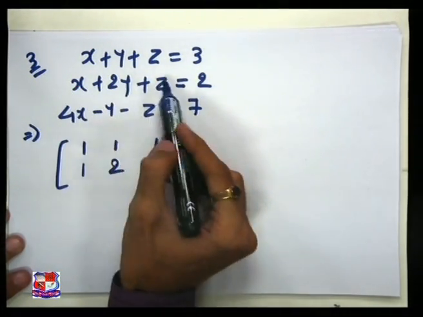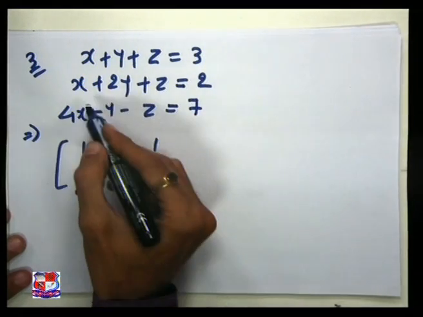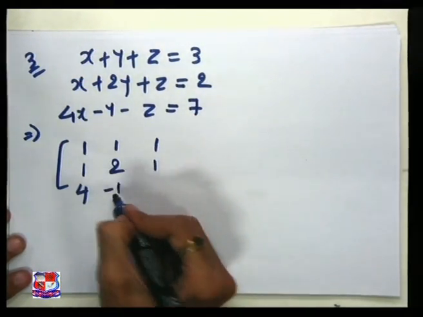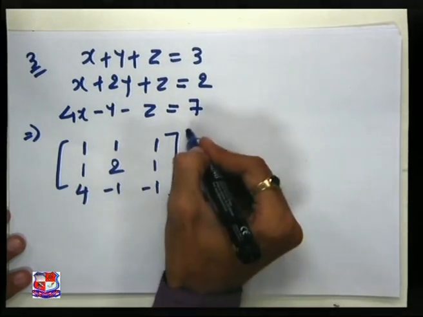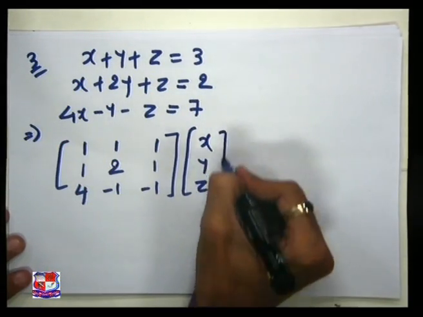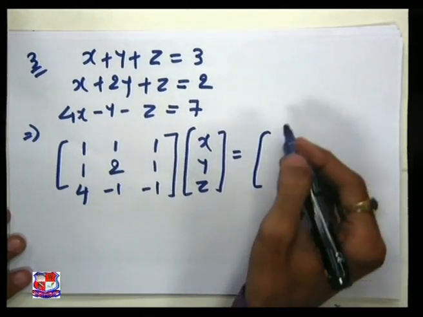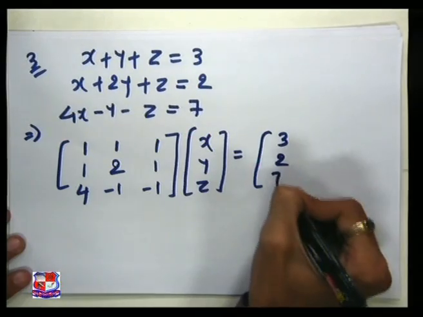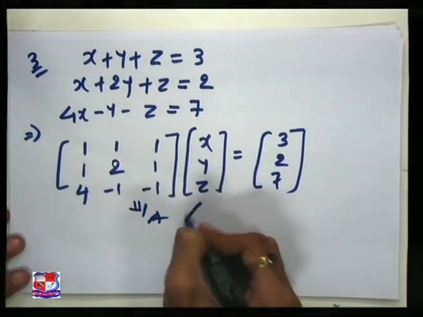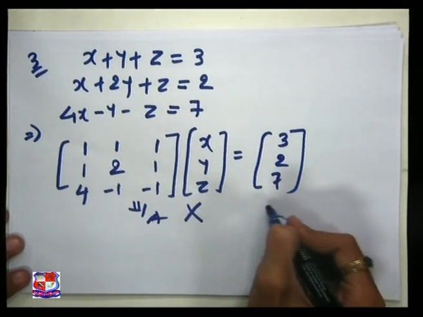For the third one 4 -1 -1, right? So 4 -1 -1 into the variables x, y, z is equal to the constants on the right hand side, 3 2 7. This is our A, this is X, this is equal to B.